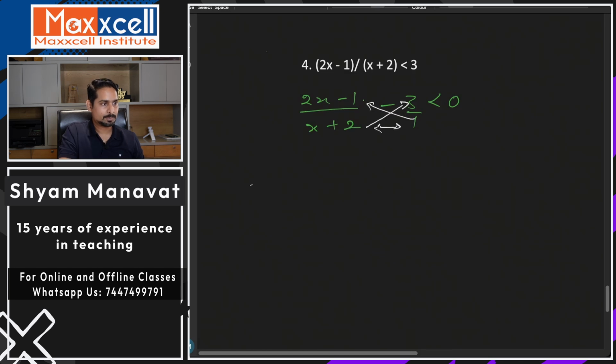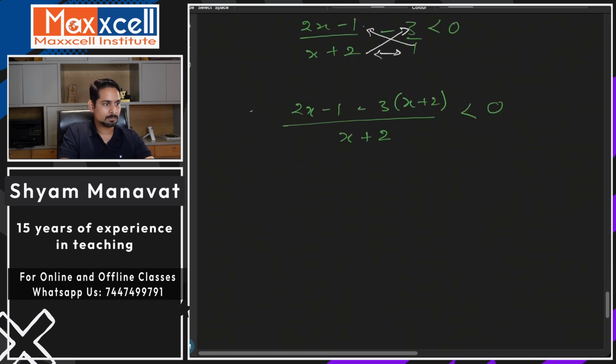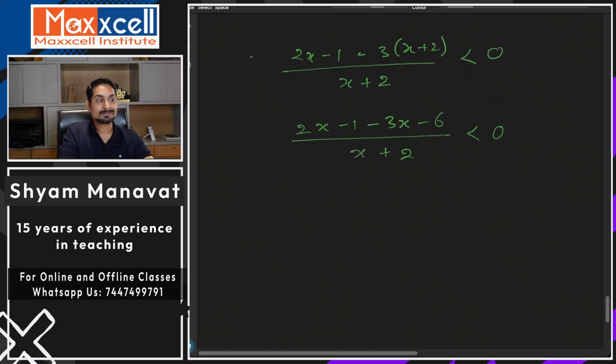What do you get? 2x minus 1, here x plus 2 minus 3x plus 2 less than 0. Simplify further. 2x minus 1 minus 3x minus 6 by x plus 2 less than 0. Simplify. 2x minus 3x will be minus x. Minus 1 minus 6 is minus 7. Here you got x plus 2. It's less than 0.